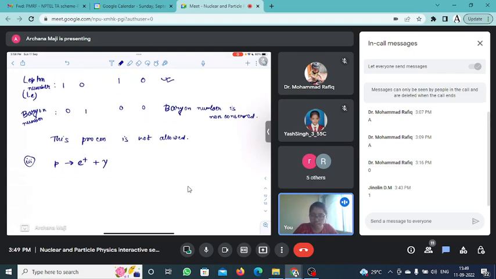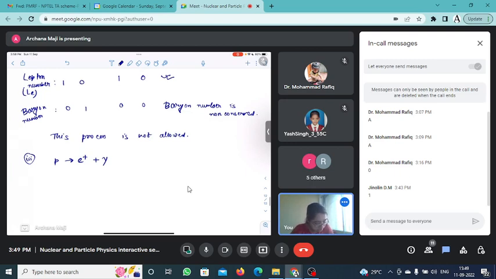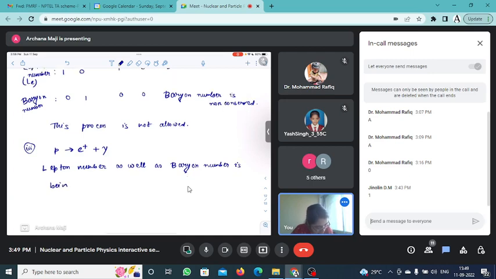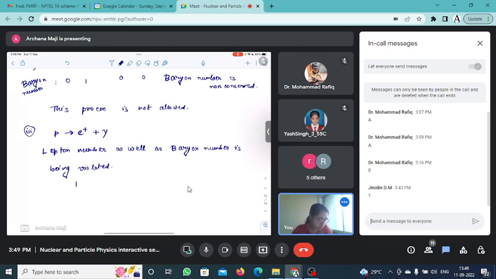So this is again not allowed. Lepton number as well as baryon number is violated. Not allowed.